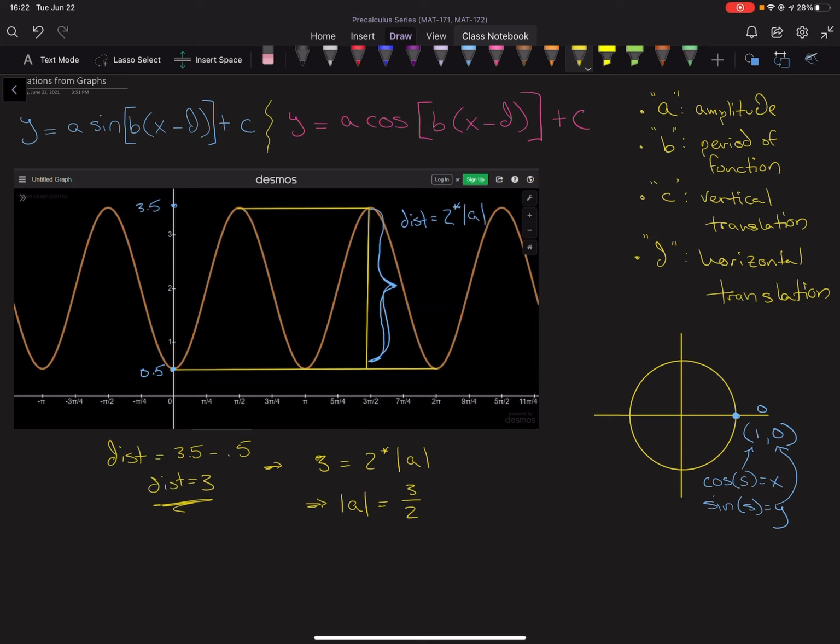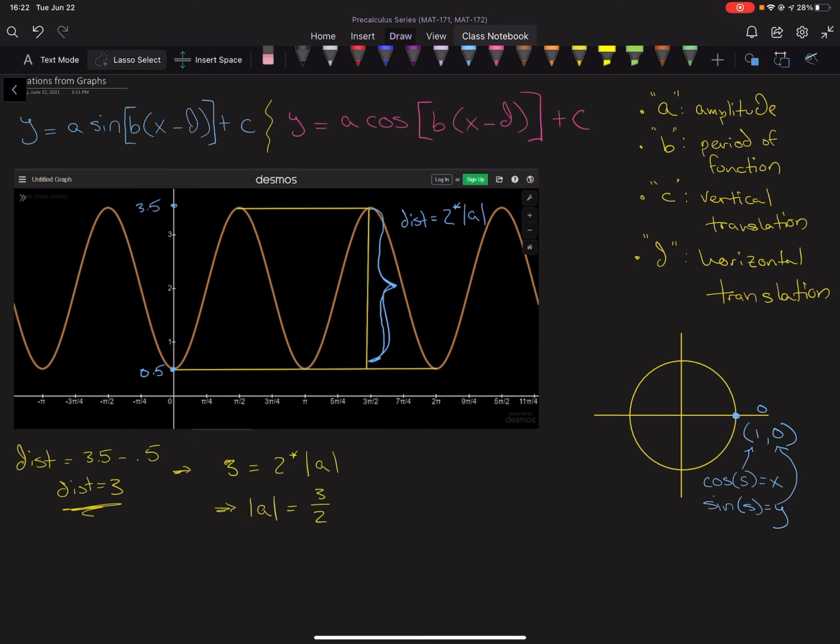All right, so A being 3/2. Now, something to keep in mind is that A can be positive or negative depending on how you decide to write your equation. For this particular example, we're just going to focus on A being positive. We're not going to even think about it being negative. All right, so we've determined what A is. A is 3/2.